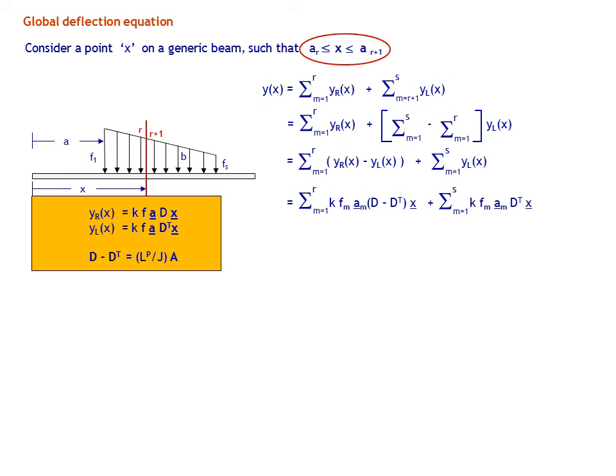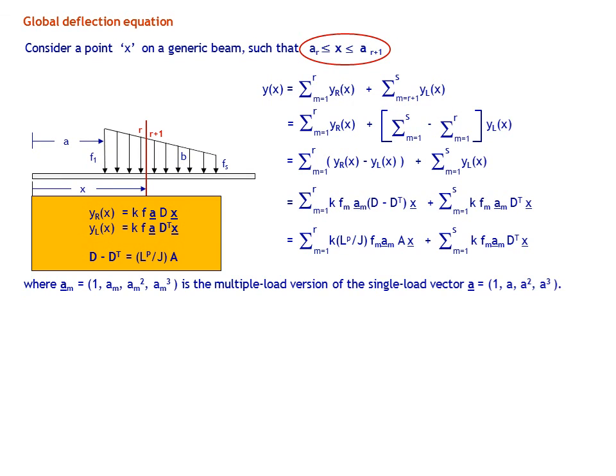And using the relationship for d minus dt derived earlier, the first term becomes the sum from 1 to R of K Lp over J Fm vector Am Ax, where vector Am is the multi-point load version of the single point load vector A. Looking at these two terms, we see that all the M dependence lies in the product Fm times vector Am.